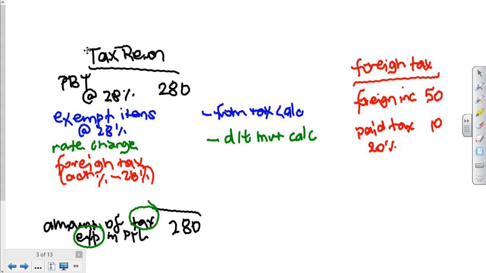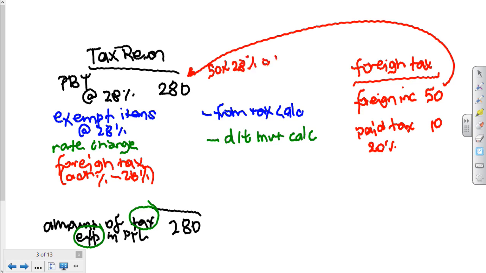Do you agree? So included in here is an amount of 50 times 28%, which means I have an amount of 14 included in there. Do you agree? Because the foreign income is sitting in profit. All I've done is I've taken profit before tax at 28, so in there is an amount of 14.